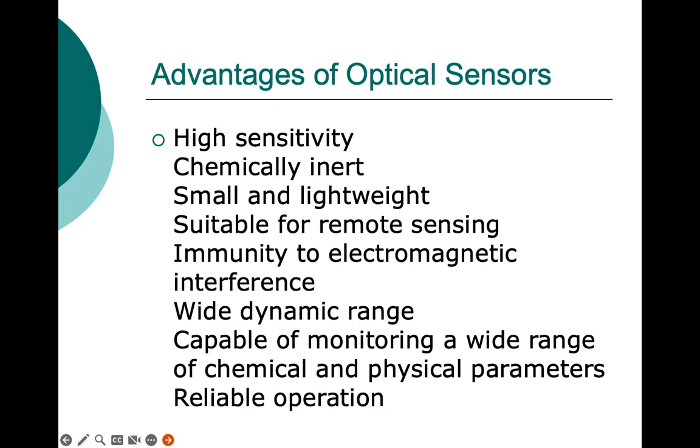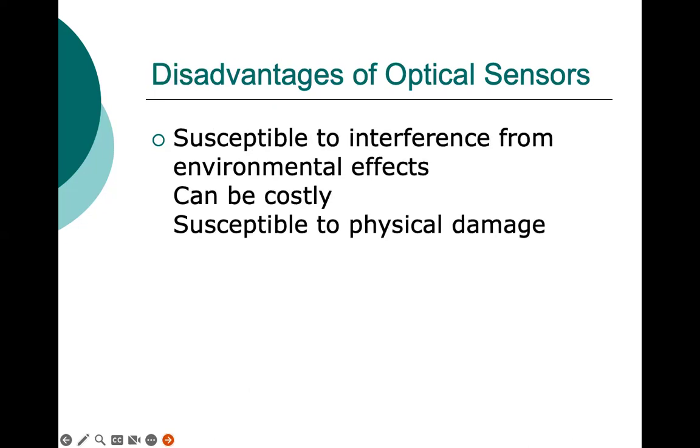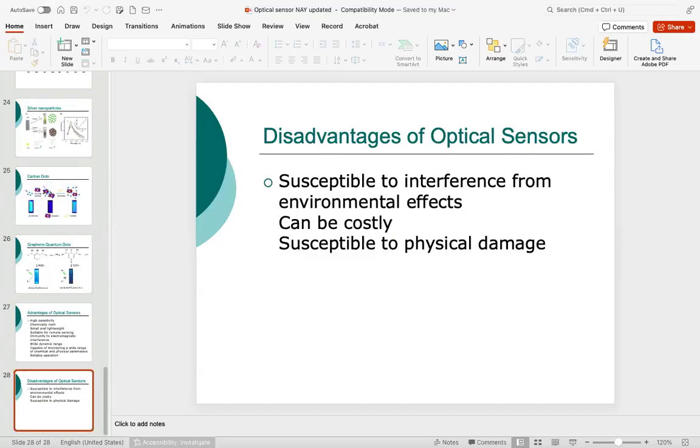You have to do cleaning up and separation first before analysis using optical sensors. Of course, this is all relative. If you use electrochemical sensors, there are some disadvantages; if you use optical sensors, there are disadvantages as well. So this is all about optical sensors.